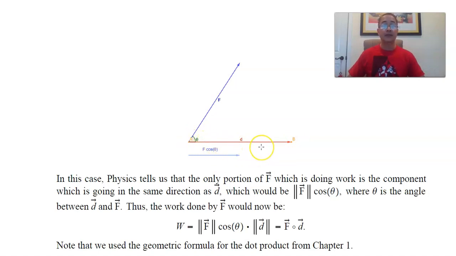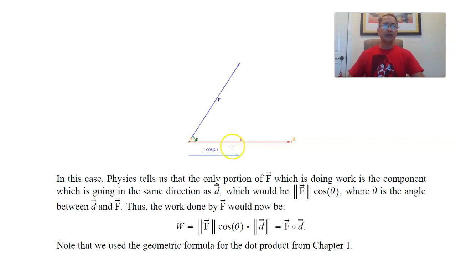If F were going in the same direction, you just multiply the magnitude of these two vectors. But physics says, if you're not going in the same direction, look for the portion which is going in the same direction. So if you have an angle of theta over here, trigonometry says you multiply the magnitude of F by the cosine of that angle, and so you will get the horizontal component in this case.